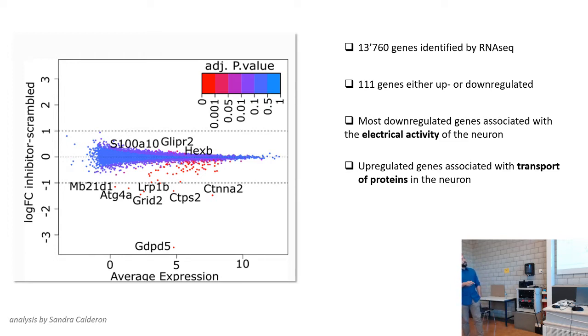Basically in red, you can see the genes that were significantly differentially regulated. Now, what was important was that most of the genes that were downregulated had to do with the electrical activity of the neuron, whereas the upregulated genes were mostly associated with the transport of proteins in the neuron.